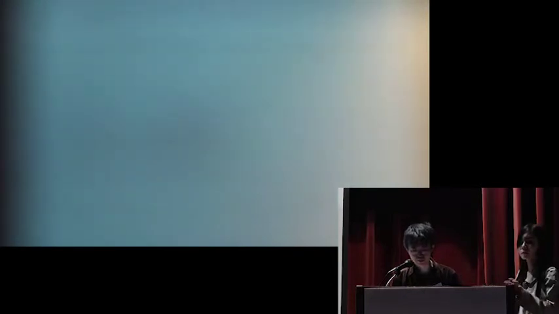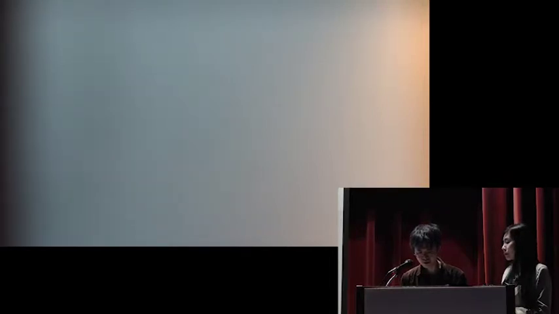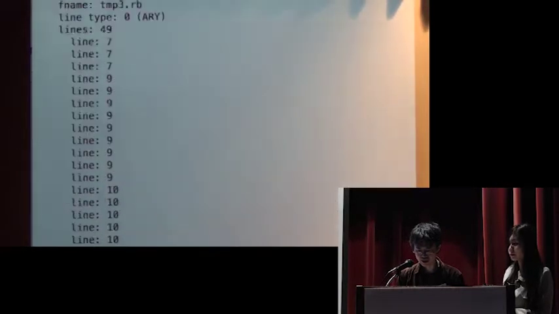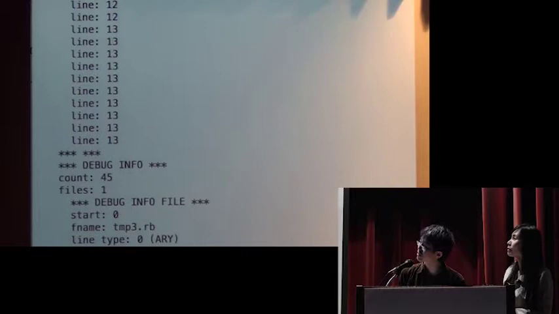This is a sample program, the factorial function, and it prints 1, 2, 5. This is the mruby parser output, the mruby structure, the mini code, and this is the line number.